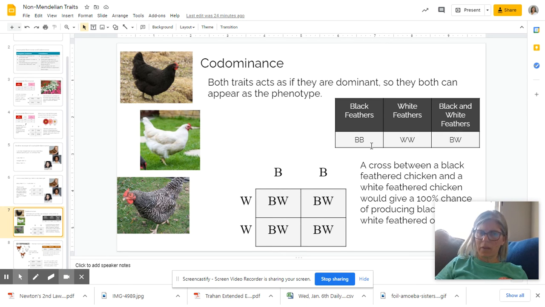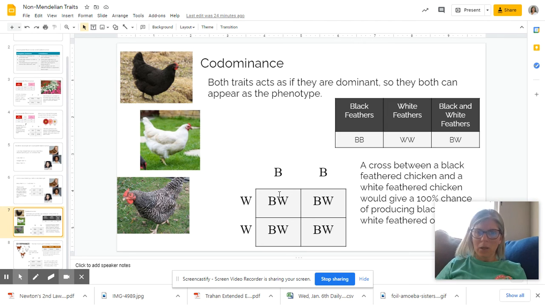So if black feathers is the trait, we could use two capital B's to represent that. White feathers is the trait, we can use two capital W's. And so black and white feathers in codominance would be represented with a capital B and a capital W. So just like before, if we cross a black feathered chicken and a white feathered chicken, you know that you have a 100% chance of producing that heterozygous genotype.